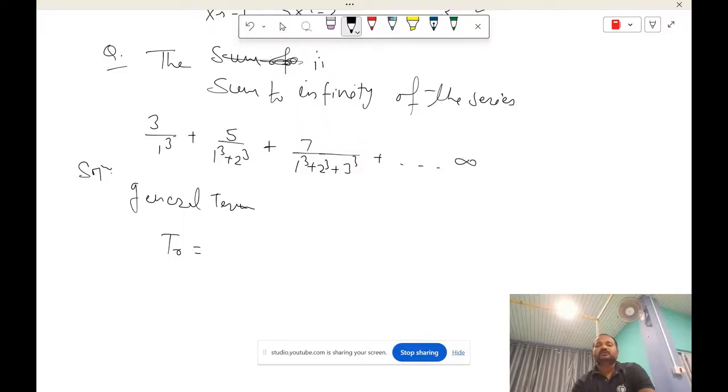It is 3, 5, 7, which means it is an odd term, and an odd term can be written as 2n plus 1. The denominator is the sum of the cubes of natural numbers: 1 cube plus 2 cube plus 3 cube up to r cube.